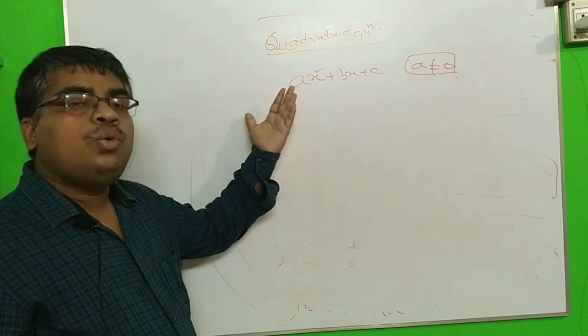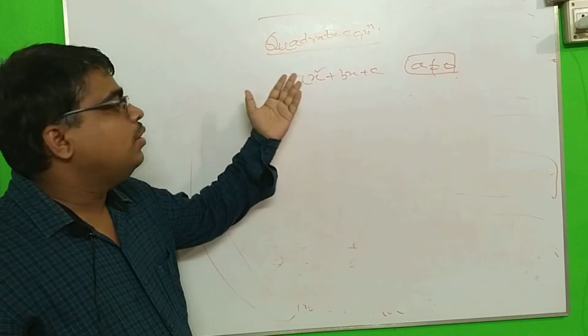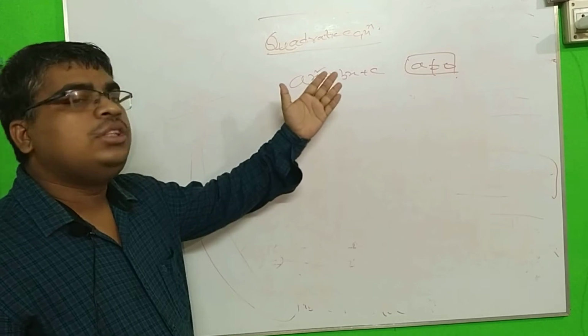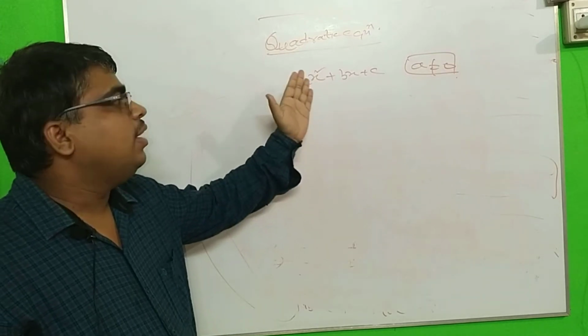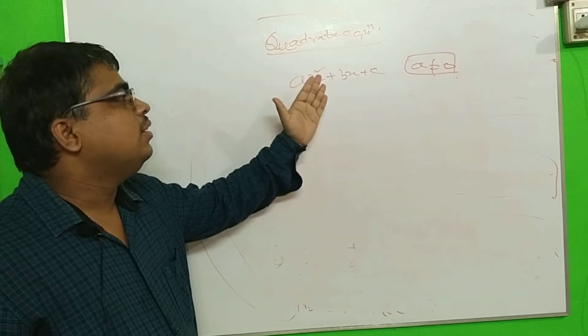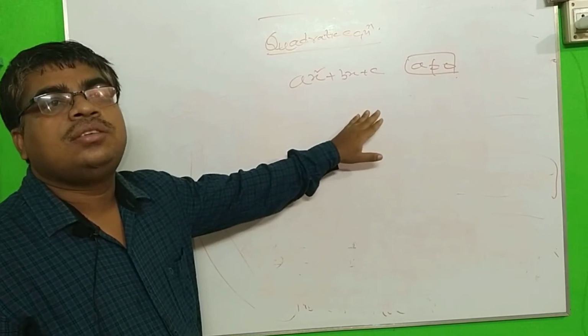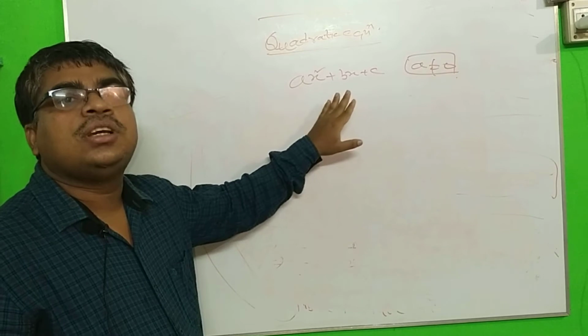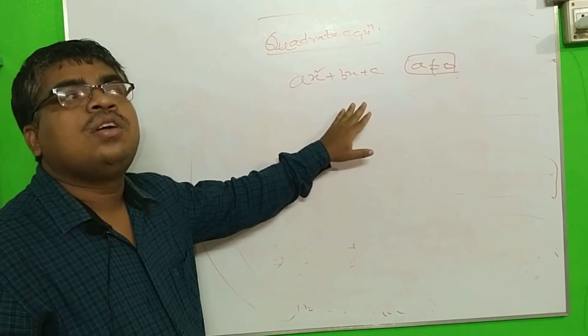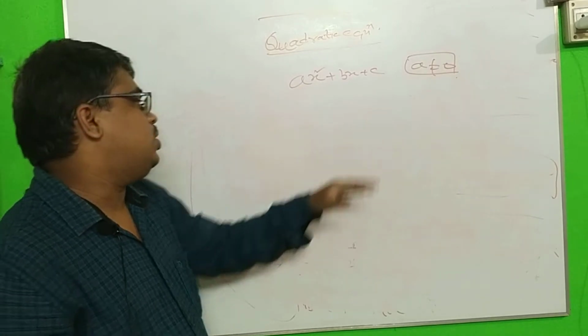When we equate the expression with 0, then this becomes an equation. This equation is known as quadratic equation.